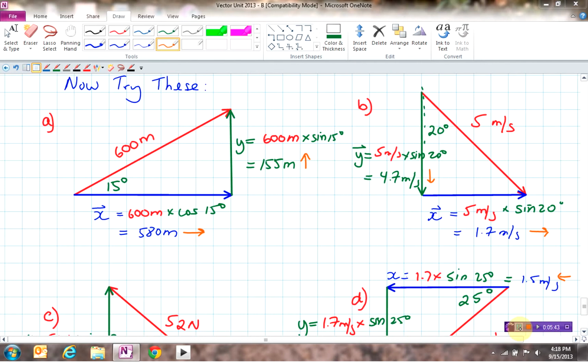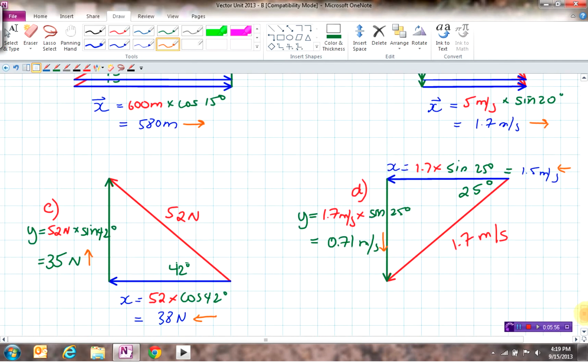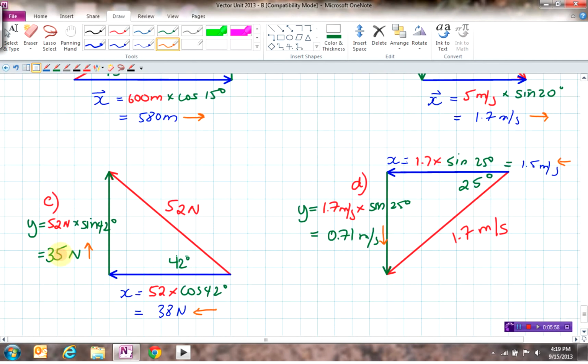Check your answers off. There's a vertical component of A, horizontal component of A, vertical component of B, notice the directions downwards, horizontal component of A that way, vertical component of C upwards, vertical component of X towards the left, vertical component of X up here towards the left, vertical component of Y for D, and that's going downwards in there.